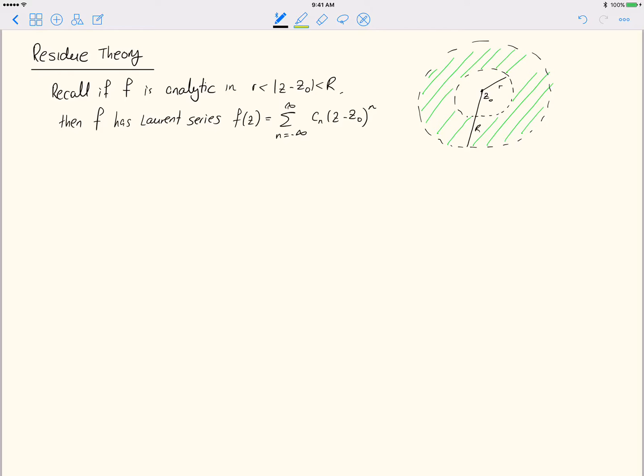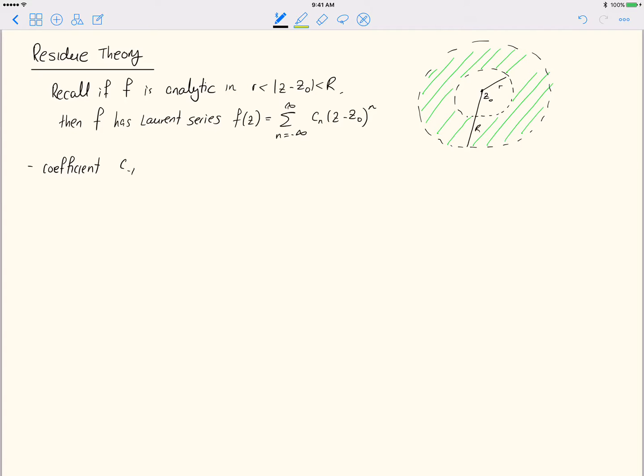So what's a residue? Well, let me say it like this. The coefficient c negative 1. So you see Cn, where n can go from negative infinity to infinity. When n equals negative 1, you get c minus 1.